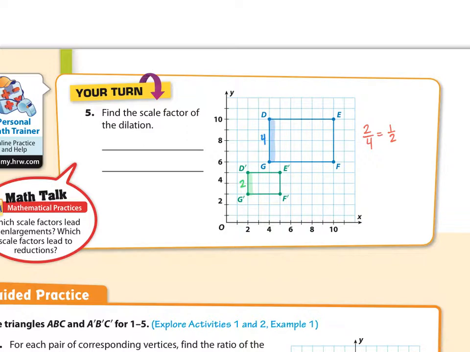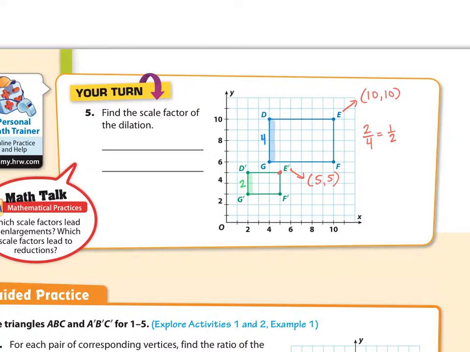Another way to do it is if I look at, let's say, point E, which is 10, 10, which means I'm going to look at E prime right here. E prime is the point 5, 5. Okay, it also helps us out that they're the same numbers, right? The x and the y are the same number.